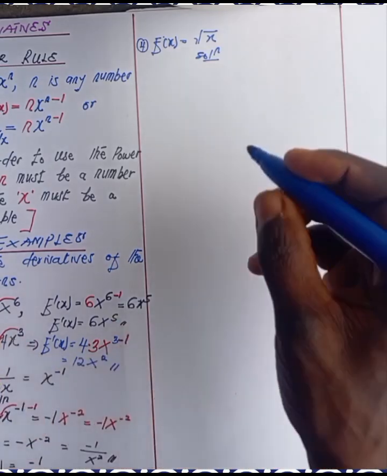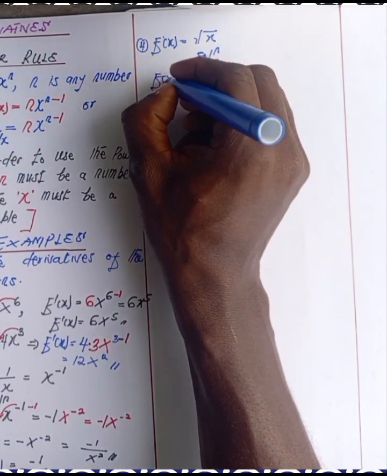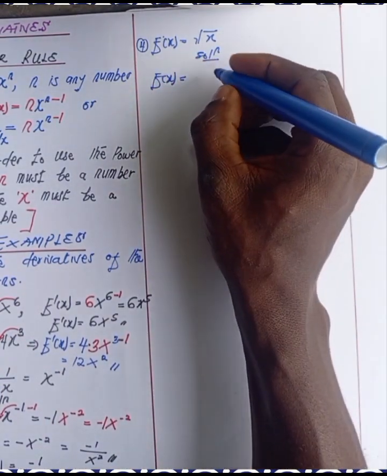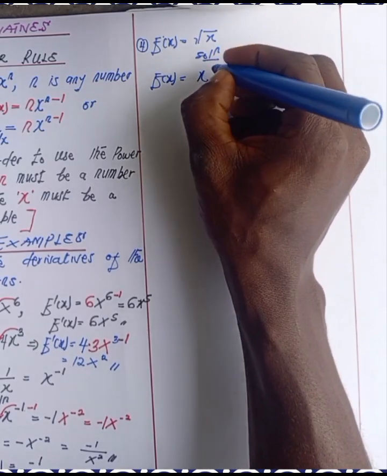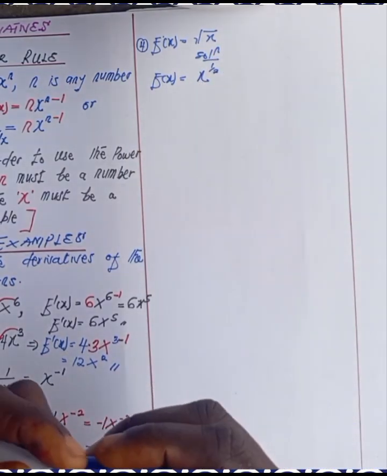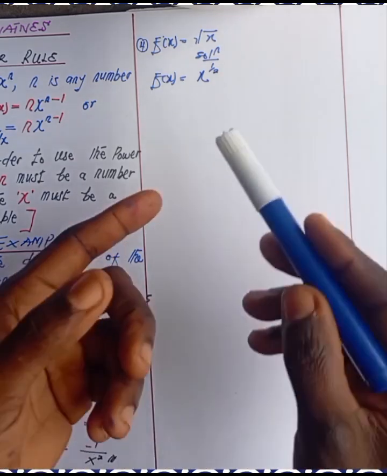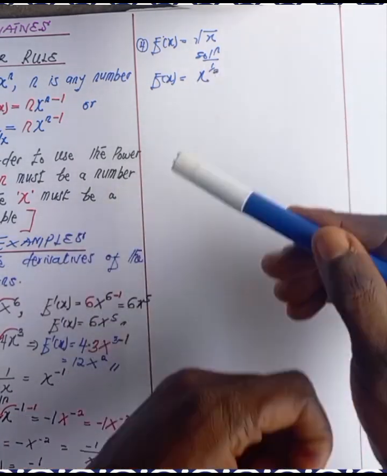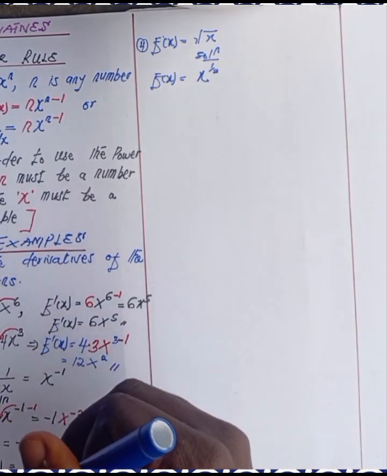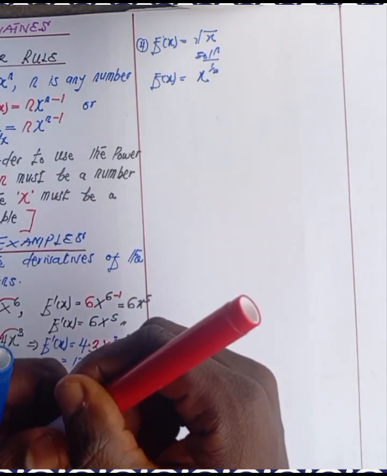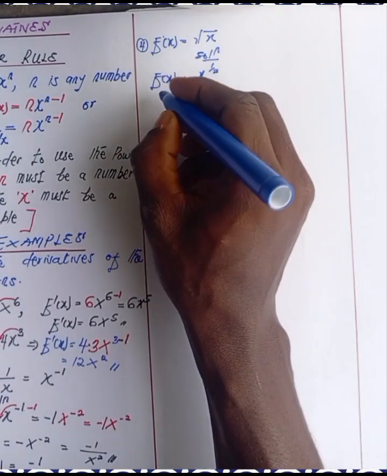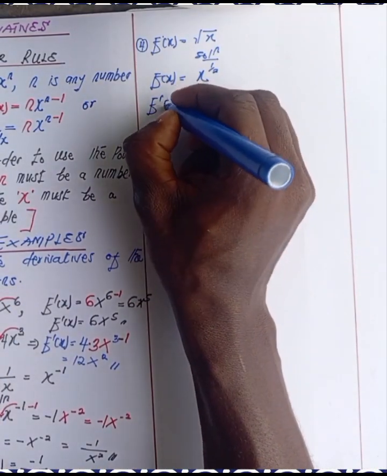So we can write our function f of x as x exponent 1 over 2, because we know that the root sign is the same as exponent 1 over 2. Now that we have the power, we can apply the power rule, which says that the original exponent has to come forward, and then we subtract 1 from the original exponent.